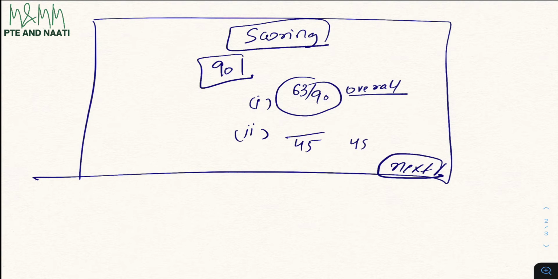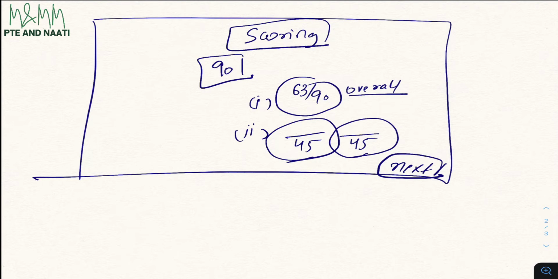Both of these dialogues are worth 45 marks each. The second condition says that in order to clear your exam, you need minimum 29 out of 45 each. Anything less than 29, you will fail your exam. Also, anything less than 63, you will again fail your exam.